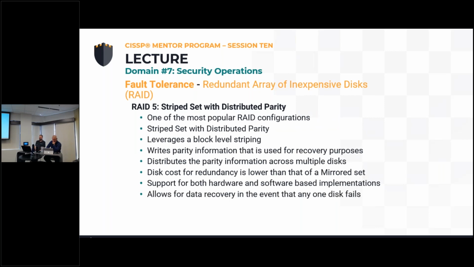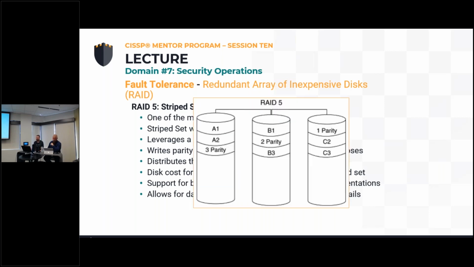RAID 5, this is probably the one most people are familiar with or have seen the most of, although it's going away. You're seeing more RAID 6, RAID 10, things like that. You have a stripe set with distributed parity, so block level striping. With 3 disks, you write block, parity, block, so it rotates through.